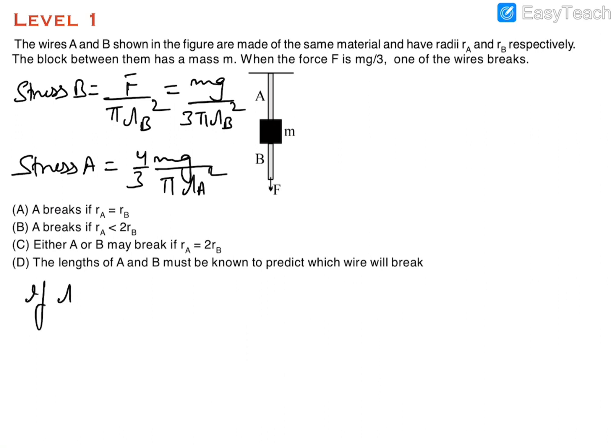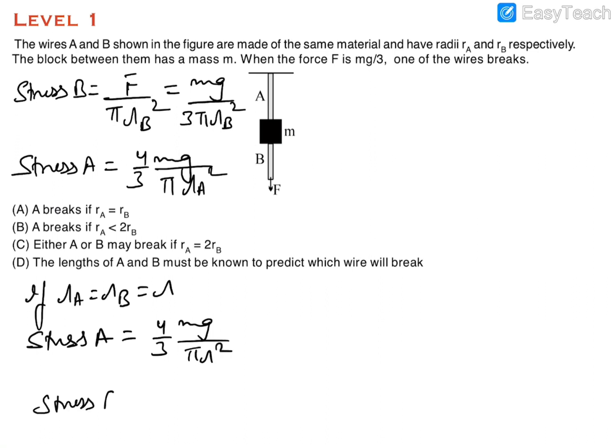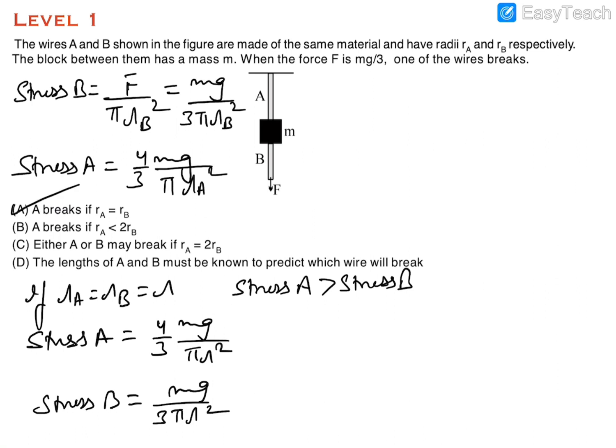So if RA is equal to RB is equal to R, the stress in A will be equal to 4 by 3 mg upon pi r square, and the stress in B will be equal to mg by 3 pi r square. So you can clearly see that stress in A is greater than stress in B. So wire A will break if RA is equal to RB.